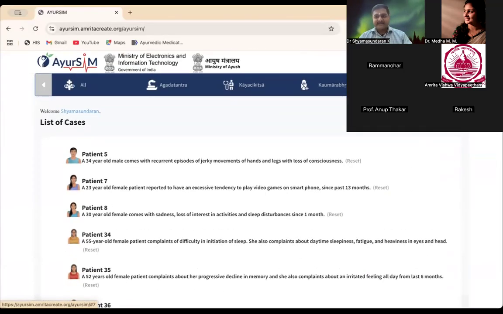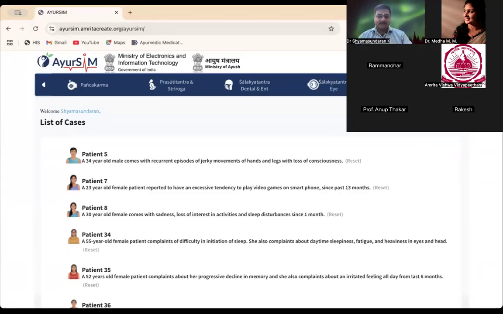The idea was that our funding agency, the Ministry of Electronics and Information Technology, and the Ministry of Ayush were very particular that this portal should be used by everyone. It should not be just for Kaya Chikitsa or only certain kinds of diseases.